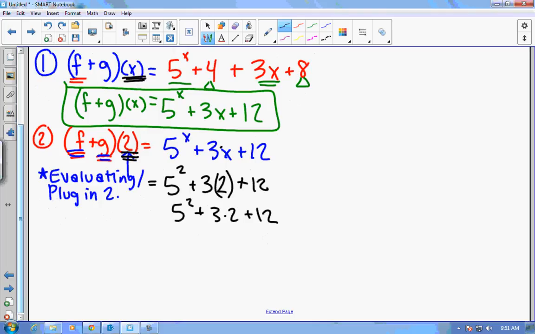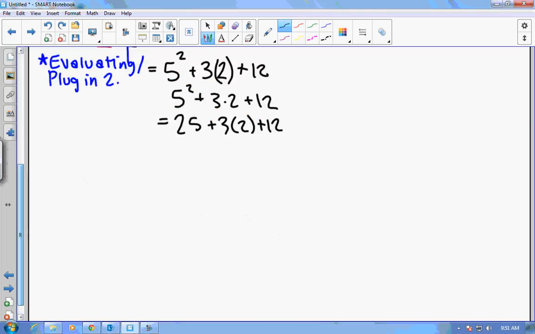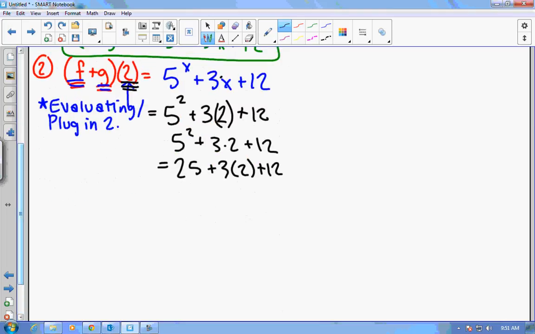Then we use inverse operations. What comes first? Exponents come first. So we go 5 squared is 25. Plus 3 times 2 plus 12. Write your work out step by step so you don't make an error. After exponents, what would come next? Please excuse my dear Aunt Sally.